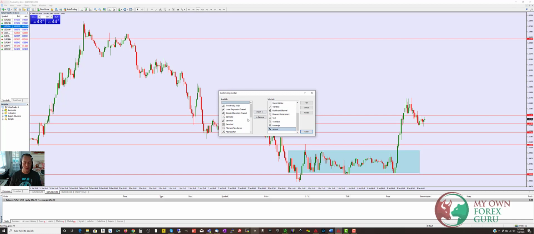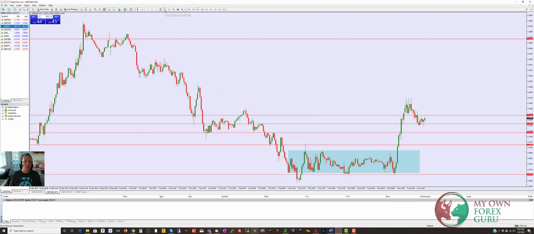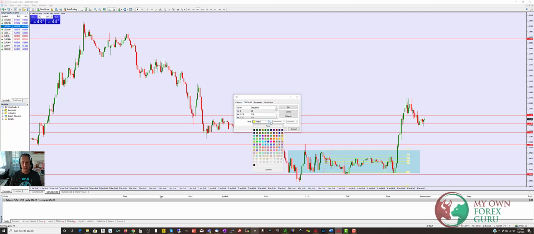We'll add Fibonacci. Let's see, I'll do this one. Draw from bottom to the top. Change that color as well. Why is that red? Fib levels, yellow, we'll make it black.